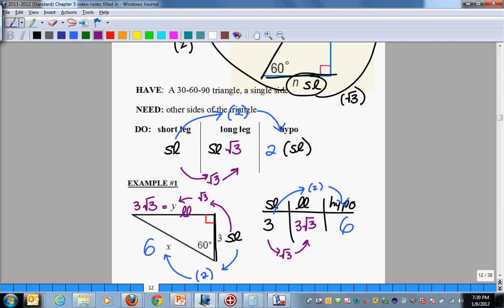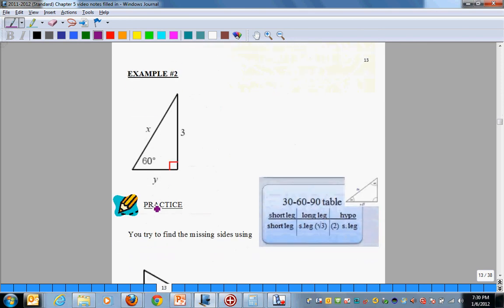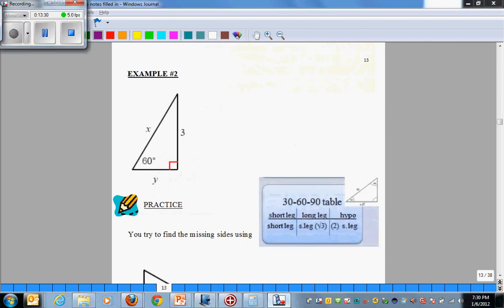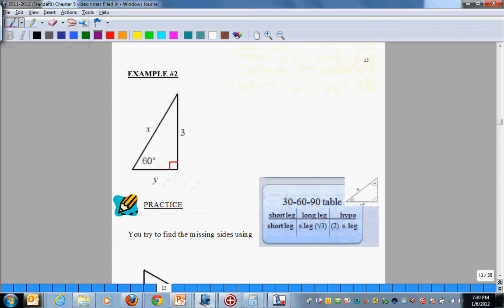Let's try another one. Again, we have a 30, 60, 90 triangle. The pattern is this in a 30, 60, 90 triangle. Short leg, long leg, hypo.